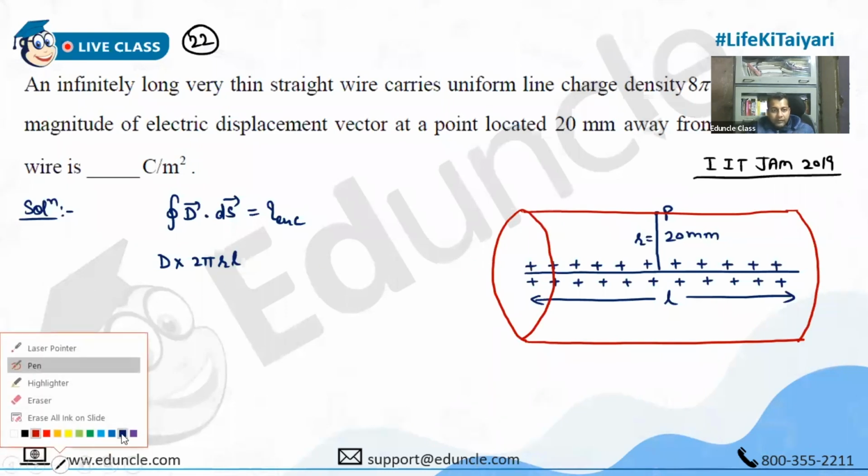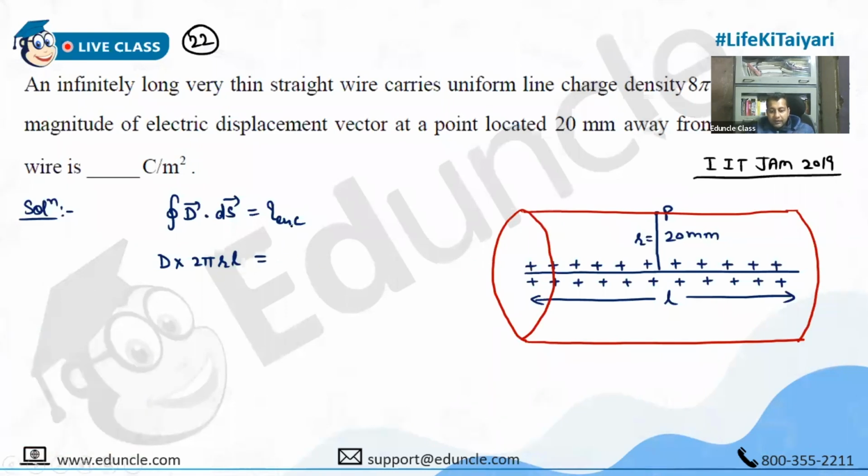So 2 pi RL equals Q enclosed, so the electric displacement vector will be Q enclosed over 2 pi RL.